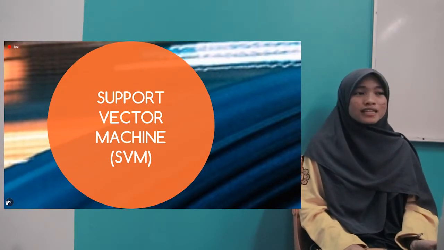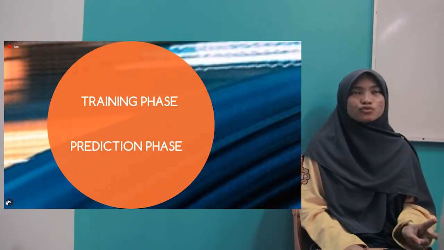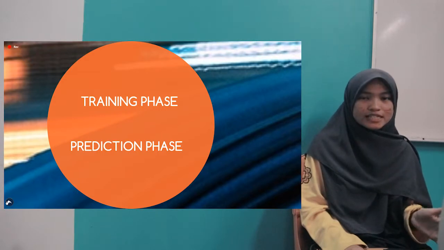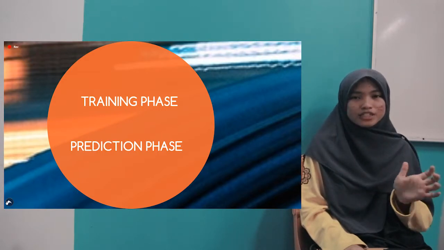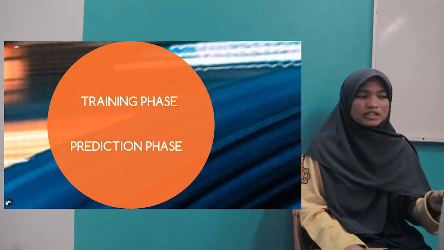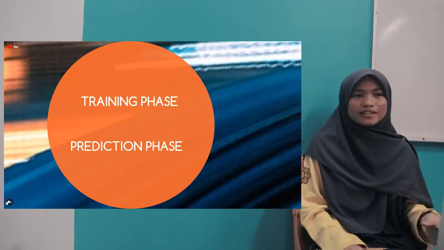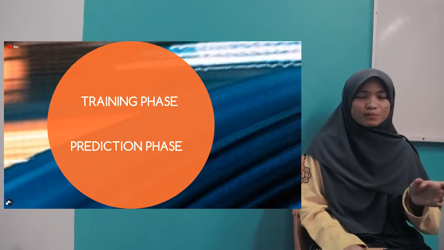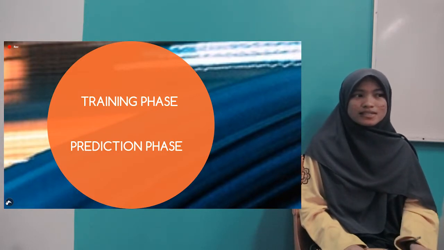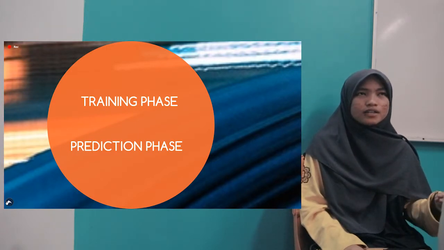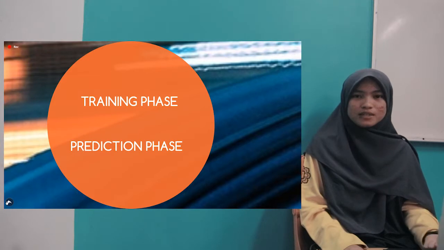So for these algorithms, actually there are two phases that are very important, which are the training phase and the prediction phase. The training phase is where the training images will be trained by extracting the important features and descriptors, and these features will be compared with the test image.